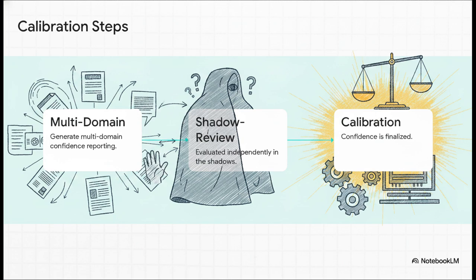But Step 2 is the absolute secret weapon, the shadow review. The report gets evaluated independently, kind of in the shadows, by a reviewer who was totally blind to the original clinician's ultimate conclusion. Literally, they have no idea what the first person decided. And only after passing this rigorous blind stress test do we finally reach Step 3, finalized calibration. It ensures the reasoning isn't just some post hoc justification for a lucky guess.